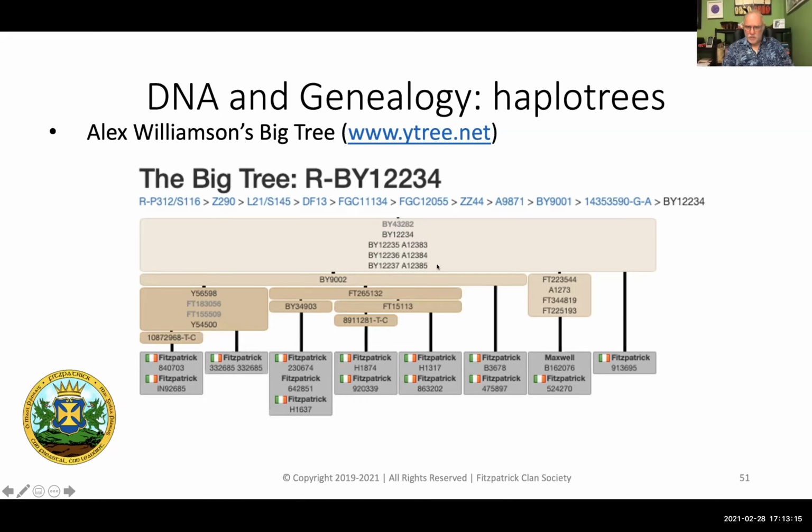And I'm going to point you to the first block, and there you see BY12234. It's one of a series of SNPs, mutations, 1, 2, 3, 4, 5 of them in that header block. Don't be confused by this saying BY12235 and A12383. That's the same mutation, but it's just been named 2 different ways.